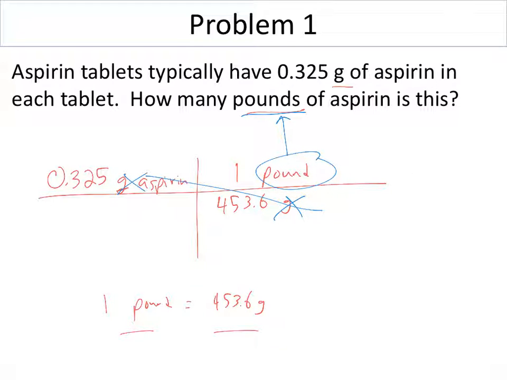So we're going to do the math. We're going to take 0.325 and we're going to divide by 453.6. And we're going to get 0.000716 pounds, or 7.16 times 10 to the negative 4th pounds.